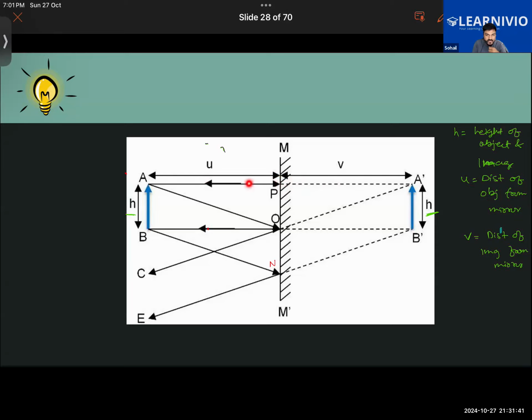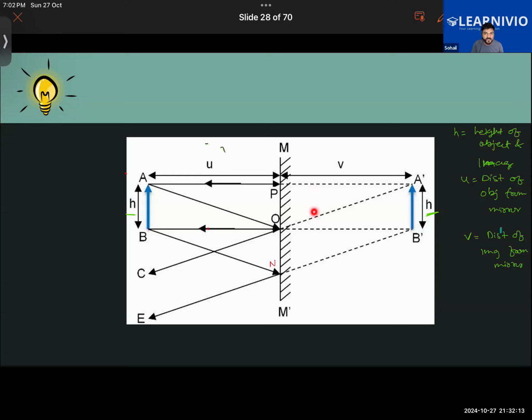So this ray AP has been drawn further beyond the mirror like this. We have drawn the ray BO also beyond the mirror. And look at this ray OC, it has also been drawn behind the mirror like this. And as for this ray NE that got reflected, that also has been drawn back into the mirror. Is that clear to everyone?